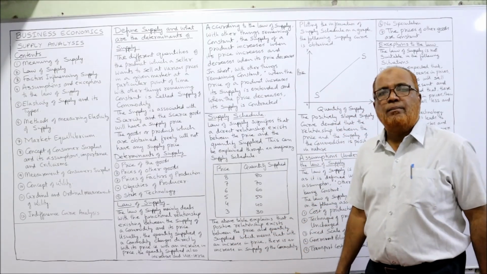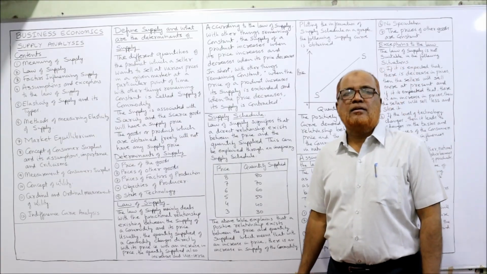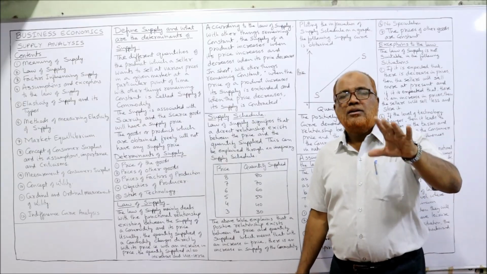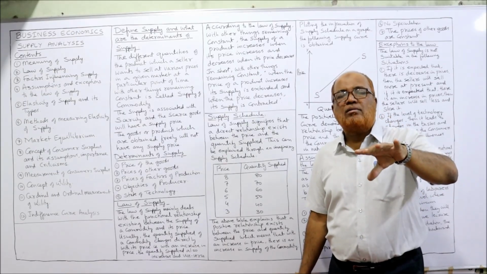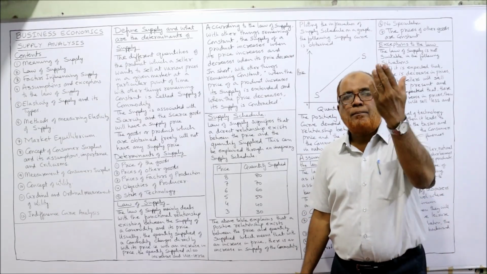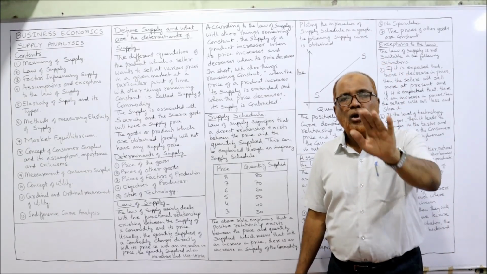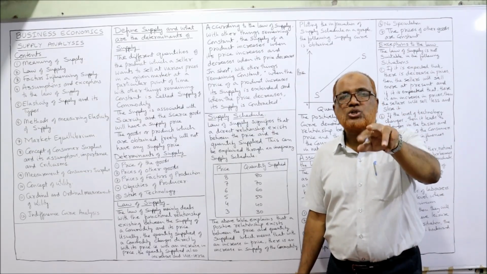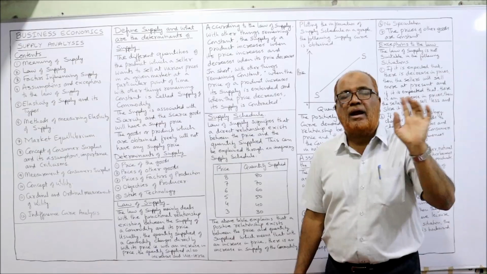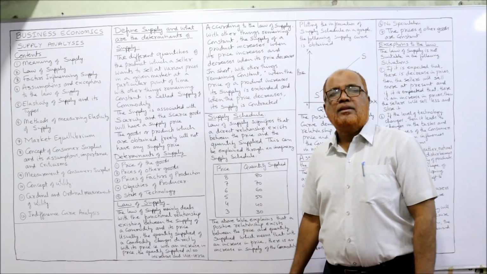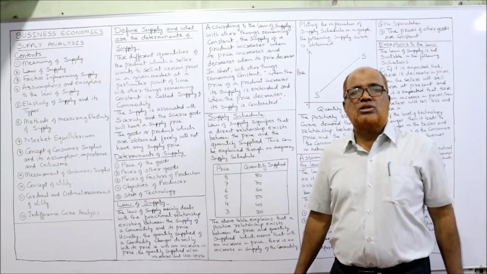Just like law of demand, we have law of supply. In the previous videos I have explained law of demand. The law of demand says the functional relationship between price and demand. Higher the price, lower will be the demand. Lower the price, higher will be the demand. Inverse relationship between price and demand. Whereas in case of law of supply, there is a direct relationship.